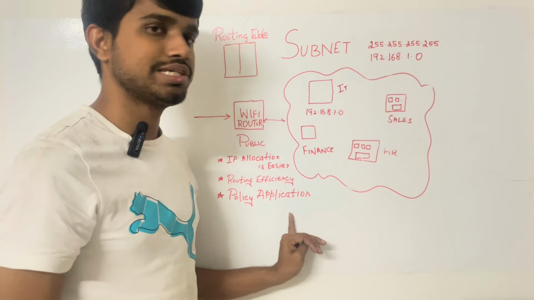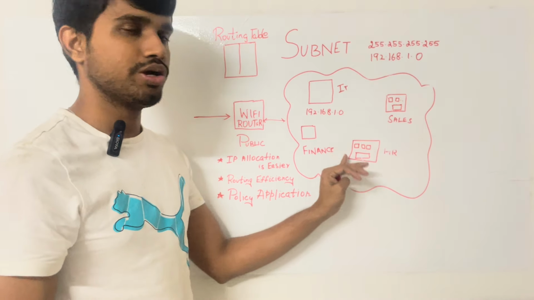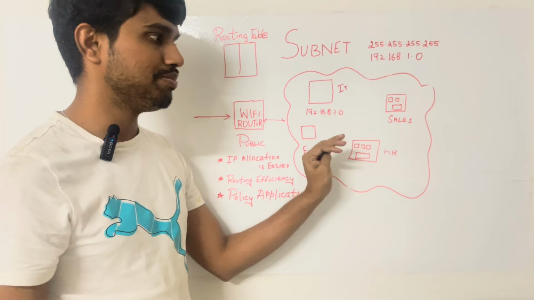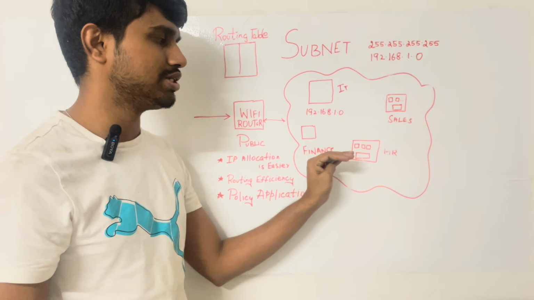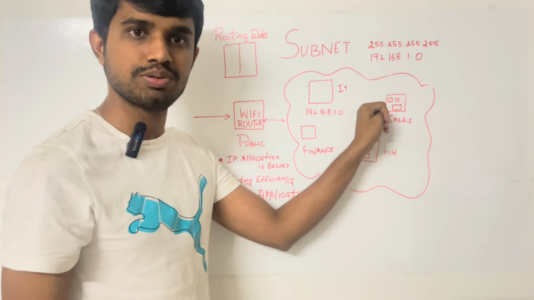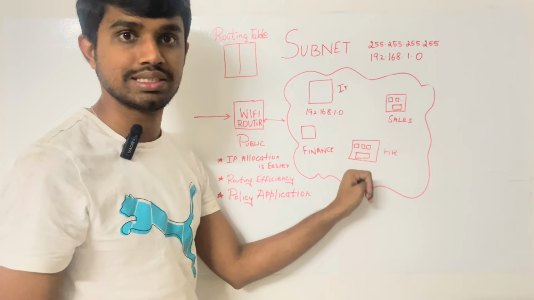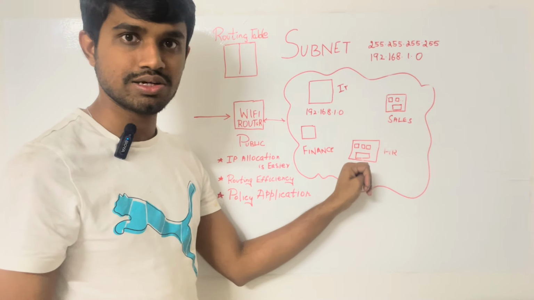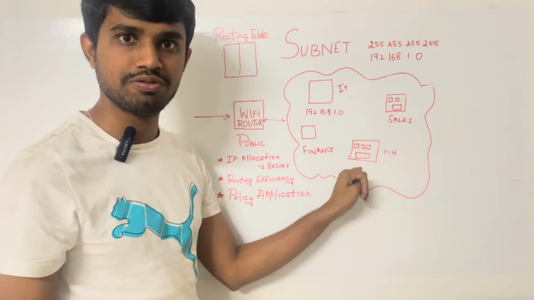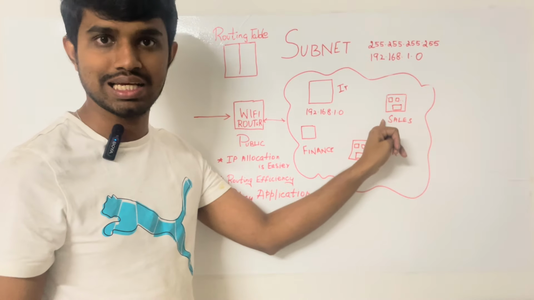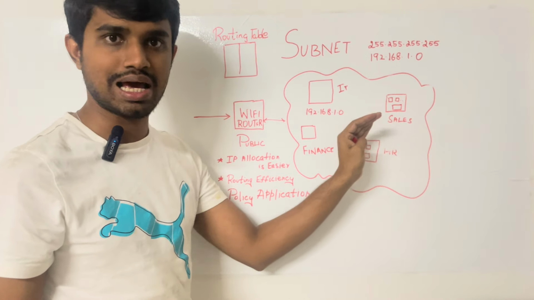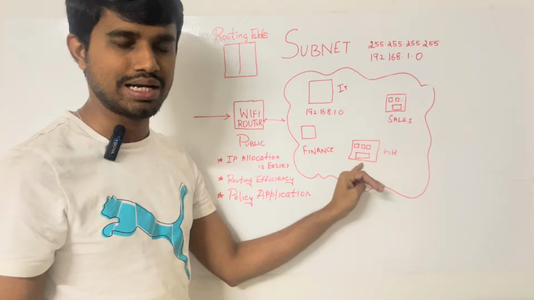By policy application, what I mean is, if they are in the same network, it will be hard for you to set up a policy saying that, hey, a salesperson can never come and access the HR server, because the HR server contains personal information about the employees, and a sales employee doesn't have any need to come and get that information.